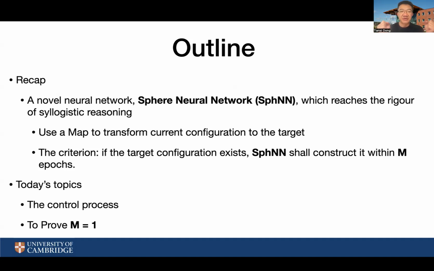So today, we shall introduce the control process and show this control process has a feature of m equals 1. It's a very strong conclusion, meaning the network only needs to do one iteration. If the reasoning is satisfiable, it will construct a model, otherwise there's no model.